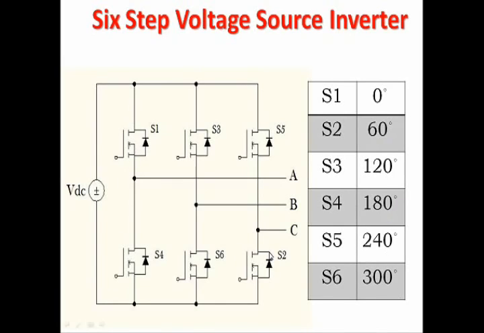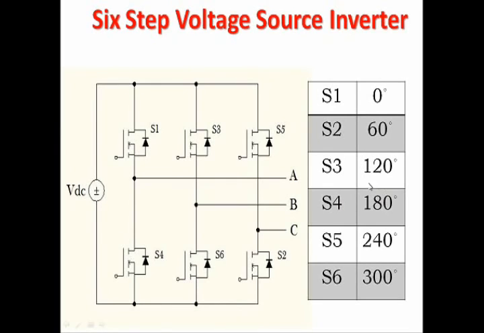So each switch is switched on with a 60 degree phase difference. Another thing to note here is that the upper MOSFETs and the lower MOSFETs have a phase difference of 180 degree. S1 and S4 are the first upper-lower MOSFET set. S1 is switched on at 0 degree, and S4 is switched on at 180 degree.